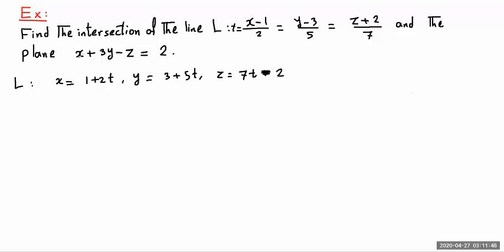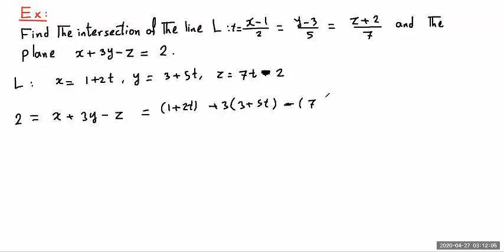Then let's take the equation of the plane, x plus 3y minus z equal 2. Let's repeat: instead of x, 1 plus 2t, instead of y, 3 plus 5t, instead of z, 7t minus 2. Let's continue the calculation.